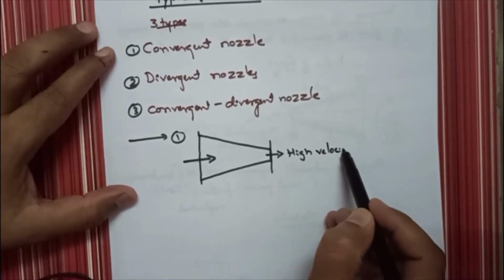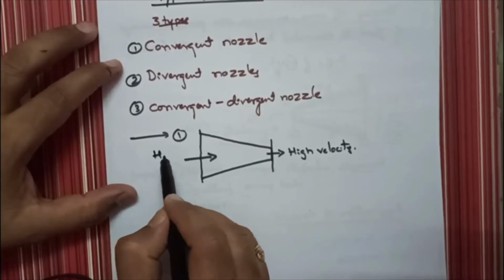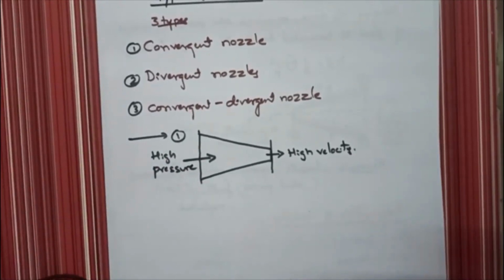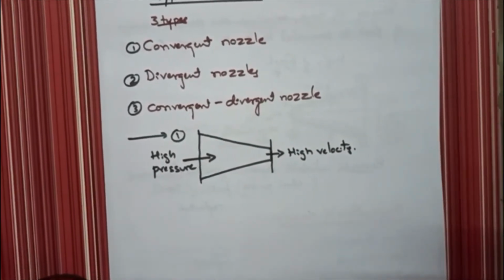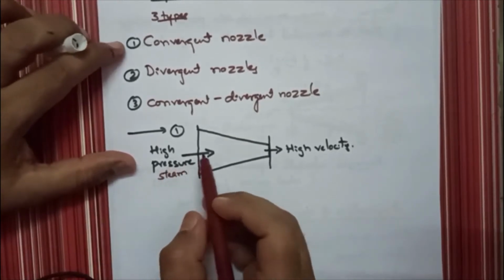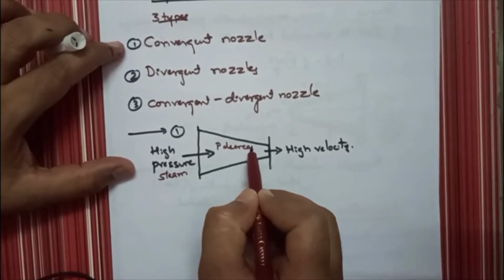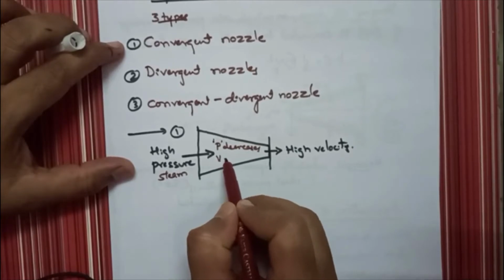At the inlet the pressure energy of the steam is high, high pressure steam. Here the pressure decreases, and this pressure energy will be converted into velocity.